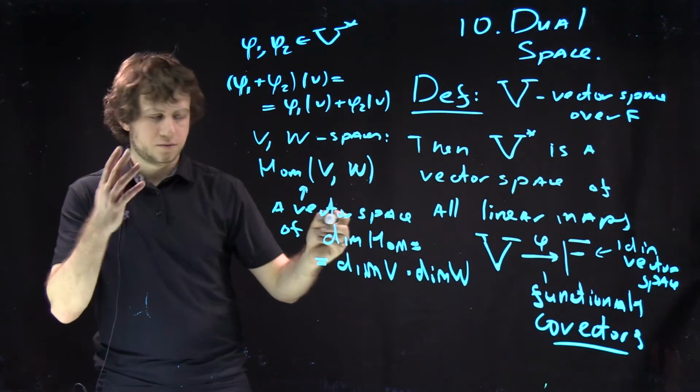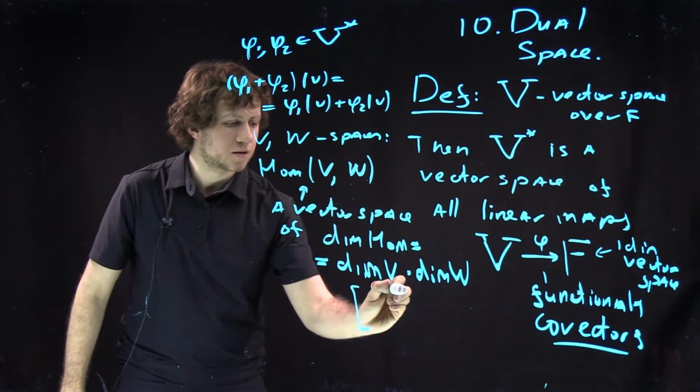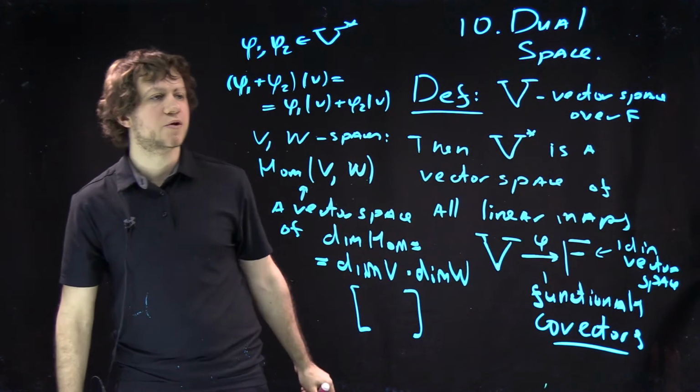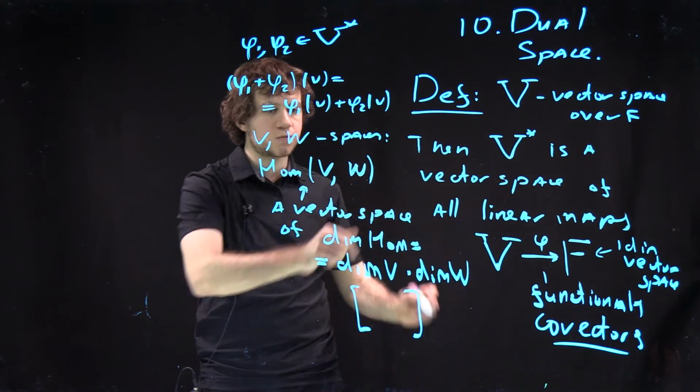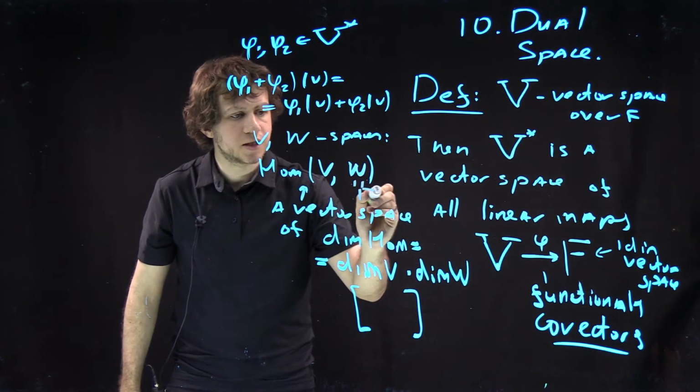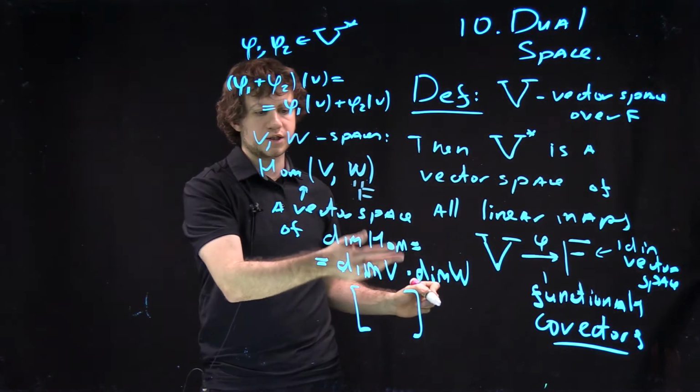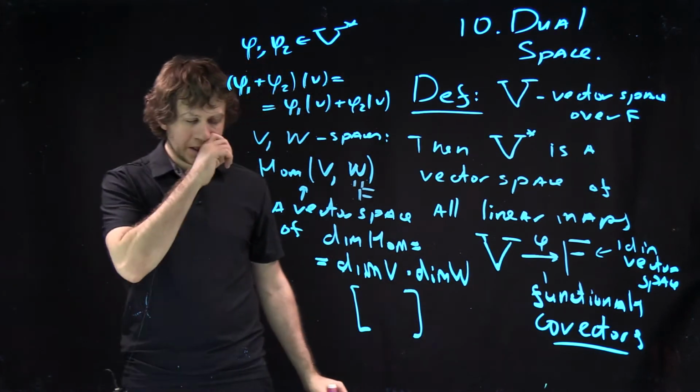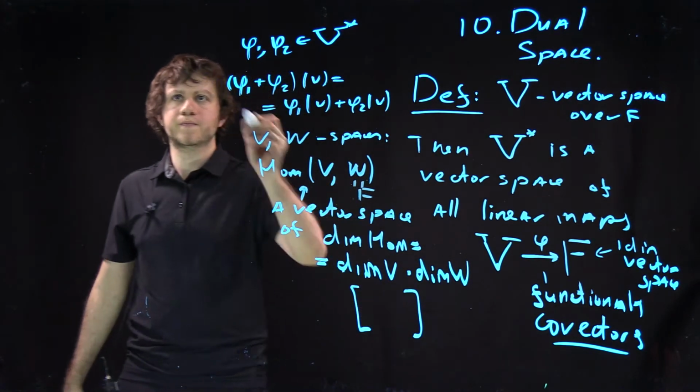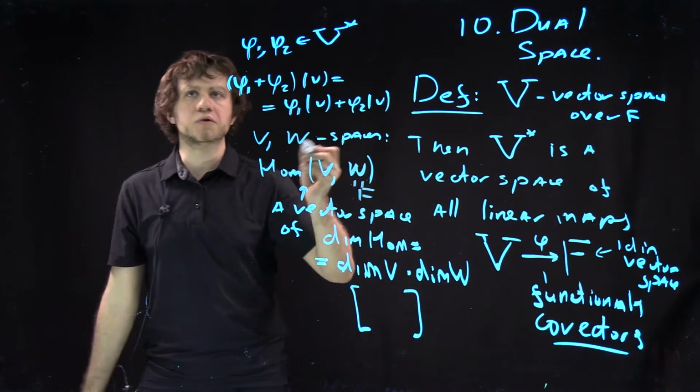This is basically matrices, if you choose a basis in V and W. So this is a very special case when W is just a one-dimensional space. So for instance, you immediately know that the dimension is the dimension of V and so on, but I will reprove it in a second. Before that, let me give you examples.